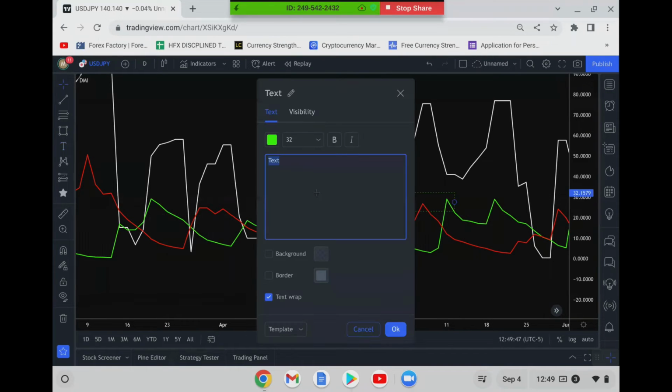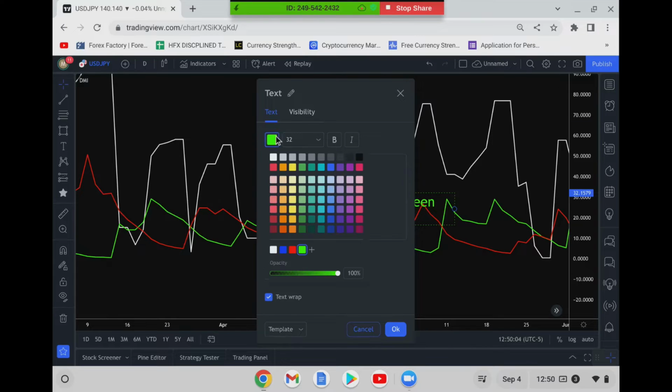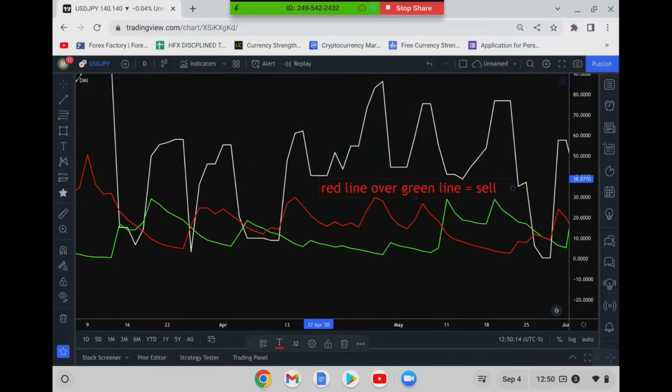So red line over green line is a sell. Right? So for a final time, I want to reiterate, when you have your red line crossing above your green line, this is an indication to sell.